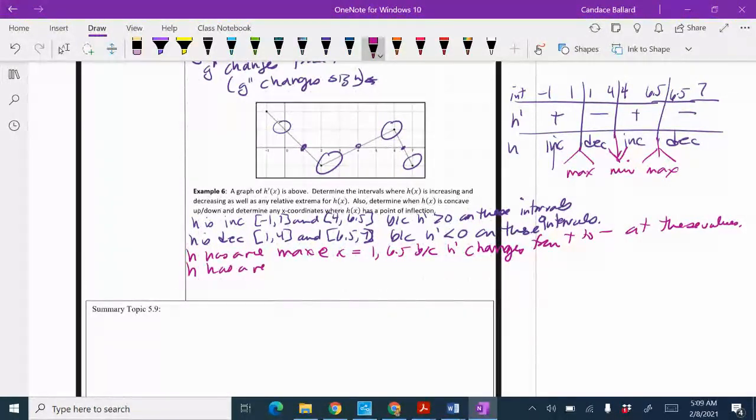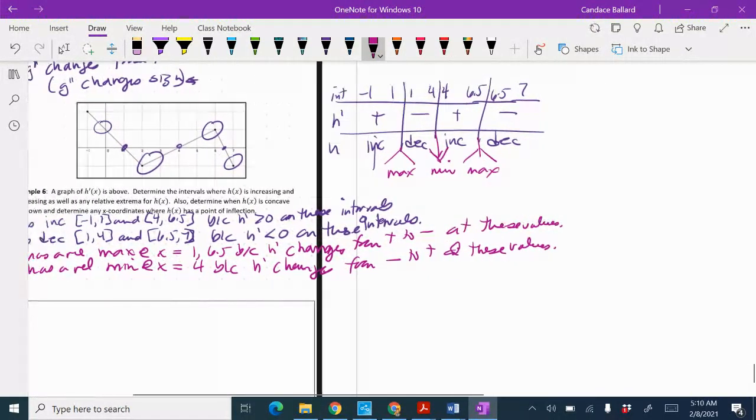H has a relative min at x equals 4 because h prime changes from negative to positive at these values.